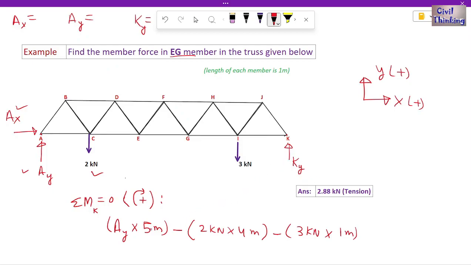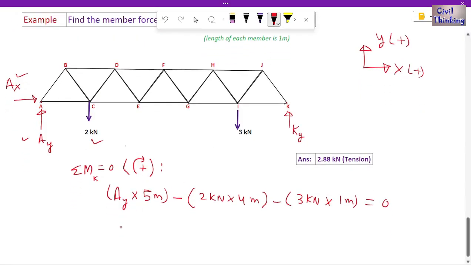The sum of all these moments is 0. So we are left with 5 AY minus 4 times 2, which is 8 kilonewton meter, minus 3 times 1, which is 3 kilonewton meter. Now remember, this is 5 meter. All of it is 0.